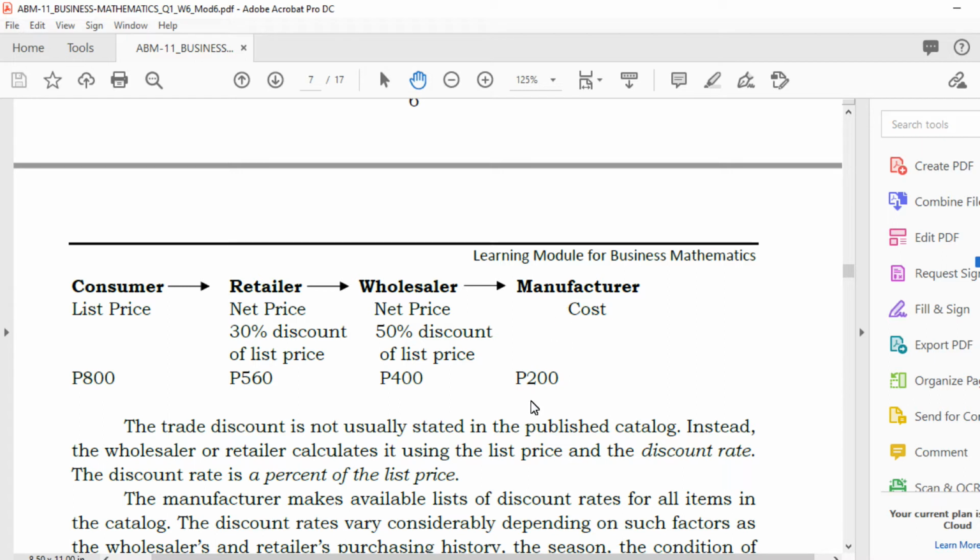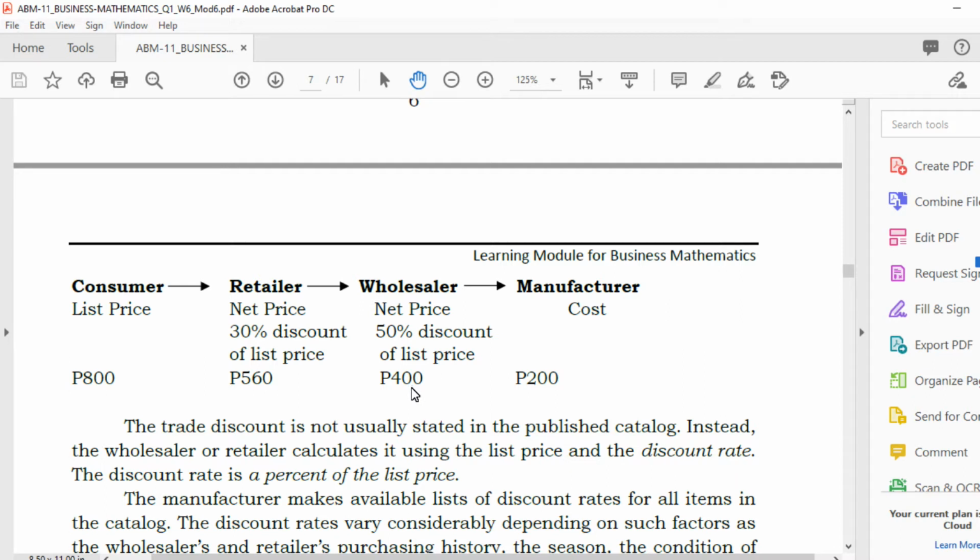Kunwari, paano nakukuha yung list price? So, manufacturing cost 200, and then sa wholesaler, magbibigay siya ng 50% discount yung manufacturer. So, magiging 400 na yan. Diba? 50% discount of list price. So, kung 200, doble yung price niya, 400.